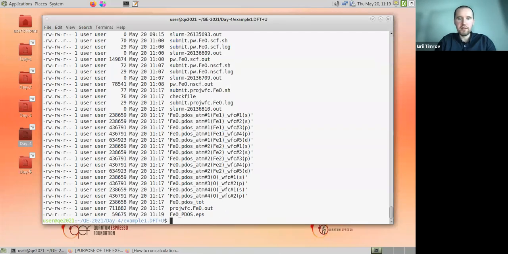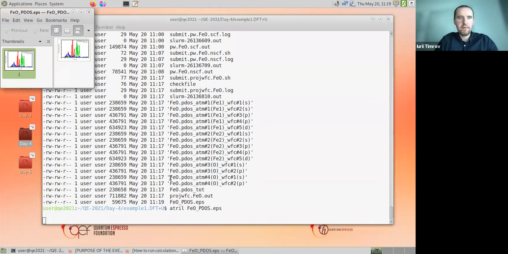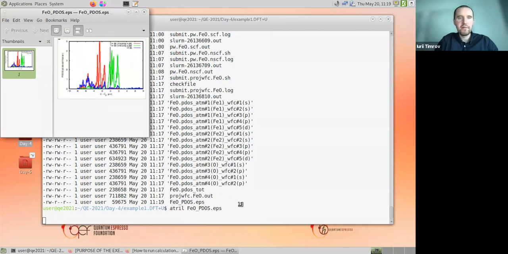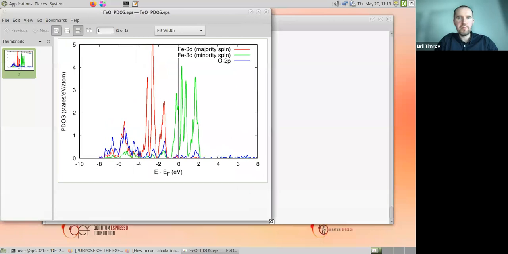Okay. So this produced a file called iron oxide PDOS. Now let's visualize this. We use this command, eog. So you should obtain this.